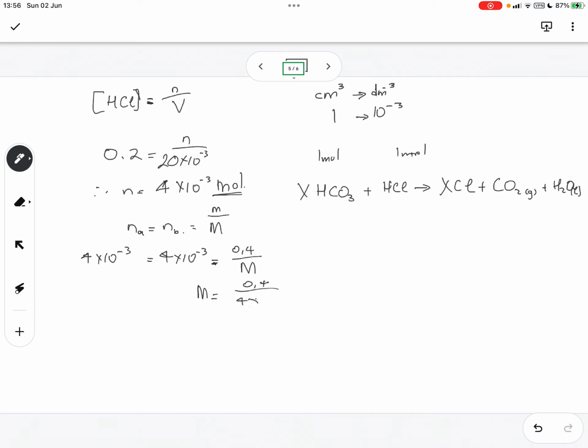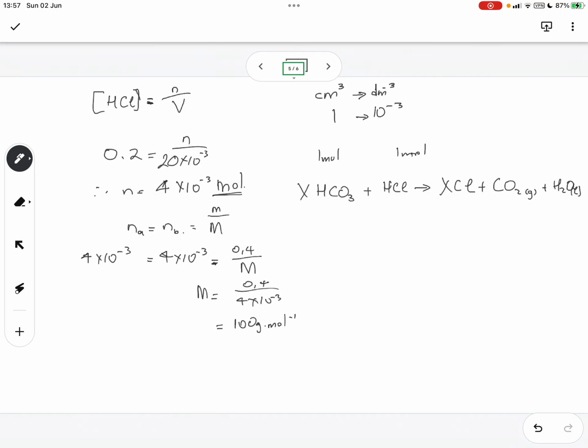So we can multiply throughout with multiplicative inverses. And the molar mass will be 0.4 divided by 4 times 10 to the negative 3. And that will equal 100 grams per mole. So that's the molar mass, 100 grams per mole.